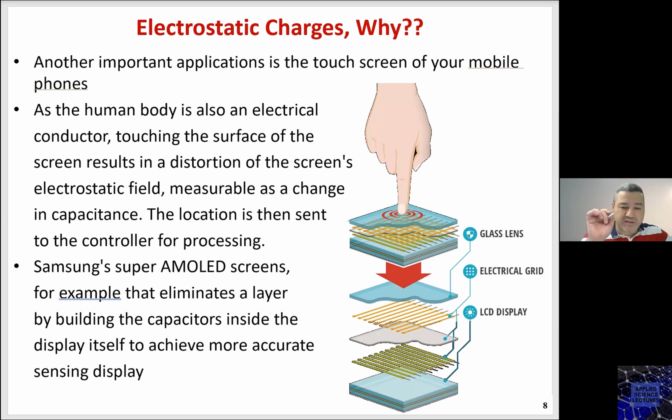In this case, the computer or the iPad or the tablet or the mobile will execute any command that is related to this location on the touch screen.